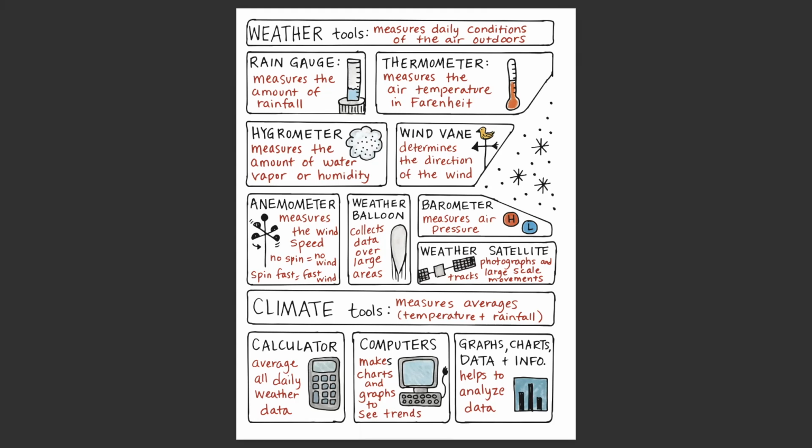Okay, now we get to some of the more complex tools. The first one, hydrometer, measures the amount of water vapor or humidity, okay? It can measure the amount of water vapor or humidity in soil, actually.